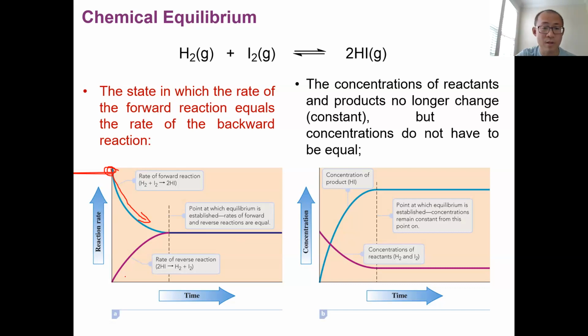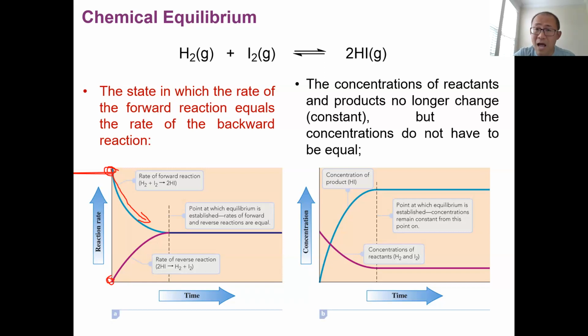Meanwhile, at time zero, there's no product. The concentration of HI is zero at the start, so the reverse reaction rate is also zero, because there isn't any product in the beginning.